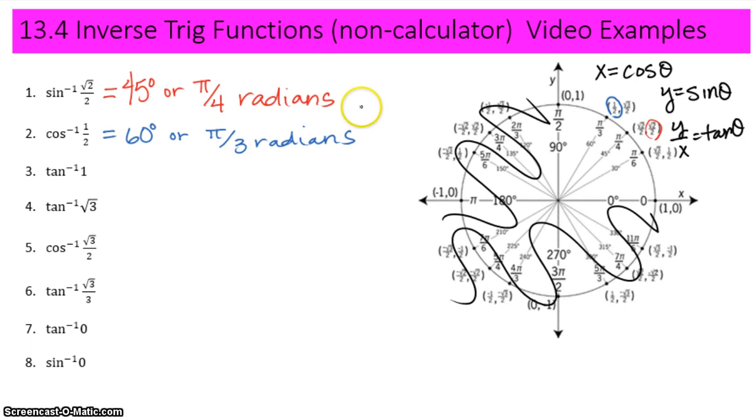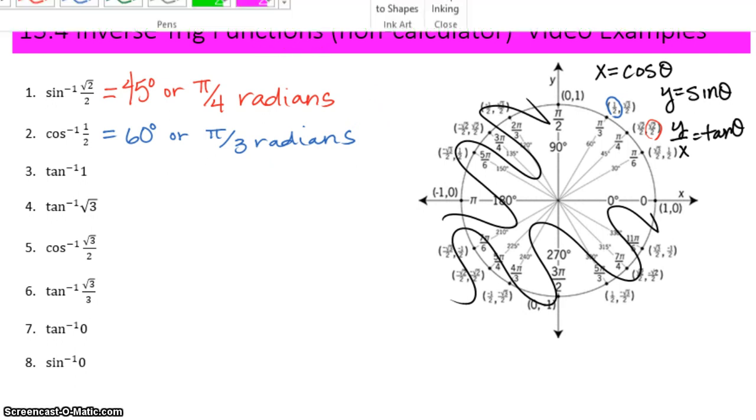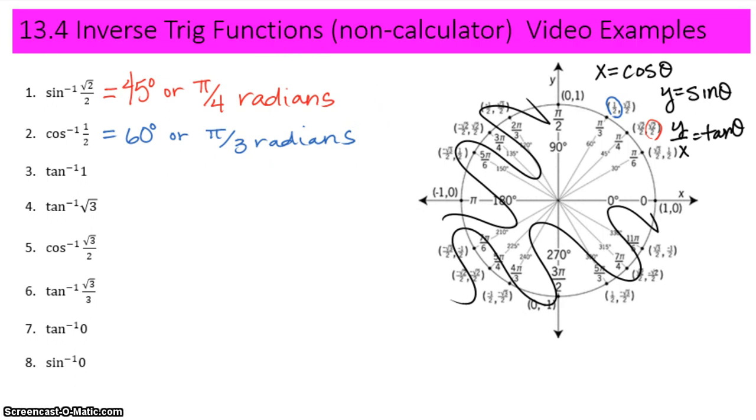Well, this is 0 over 1, that's 0. This is 1 over 0, that's undefined. So it's not any of those. So where is the tangent 1? Well, if you look right here, x and y are the same. So y over x here will be 1. So this is 45 degrees, or pi over 4 radians.